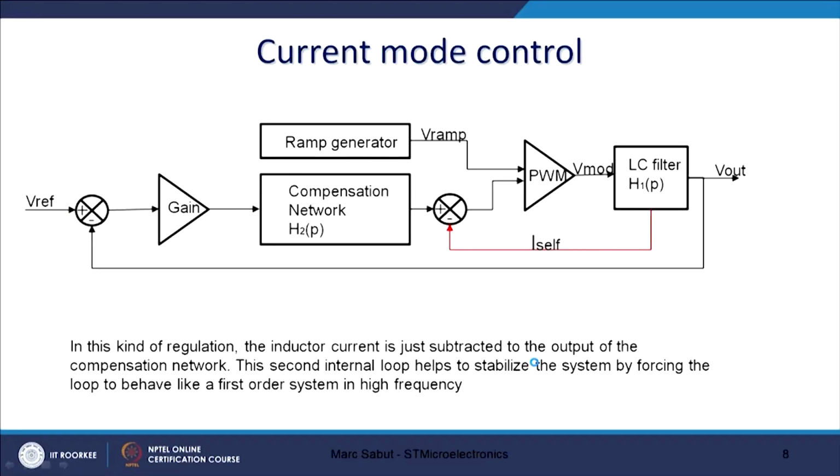Now, this design constraint can be simplified by using current mode control, where there is an outer loop to compensate voltage, and a fast acting inner current loop that gives you a reduction in the order of the system for stability, and it also takes corrective action very fast.